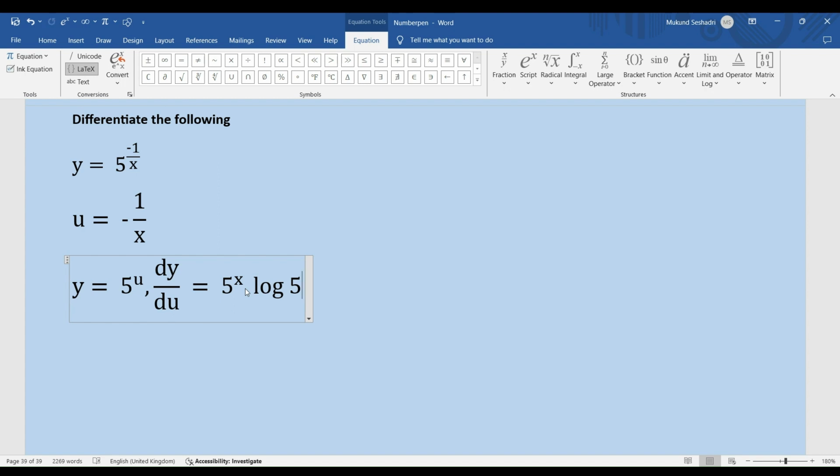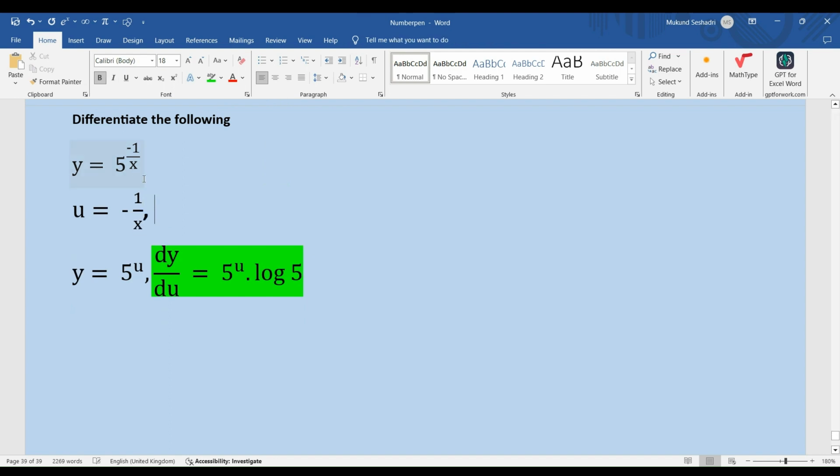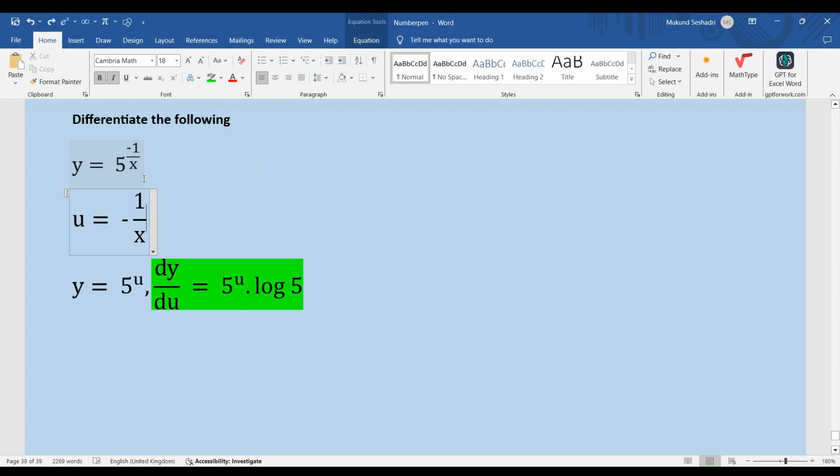In this case, my a is equal to 5, and therefore, I'm sorry folks, this is 5 to the power u. So we have 5 to the power u into log of 5, right? And that is my dy by du. So let me call that out in yellow color, and then we will have to figure out what is our dy by dx. But before that, I need to figure out what is my du by dx, right?